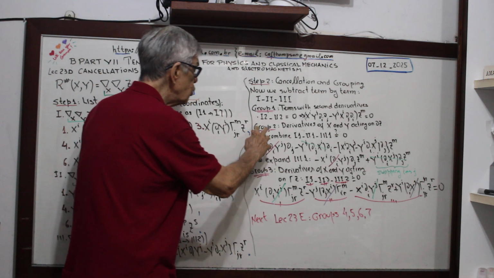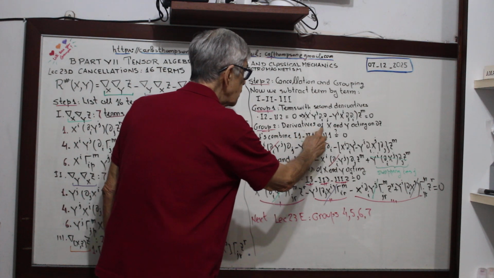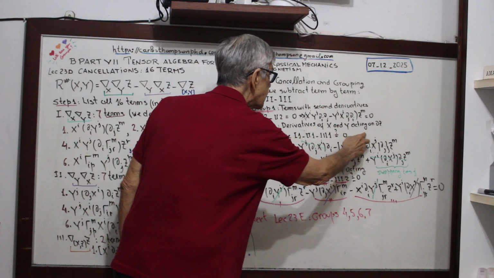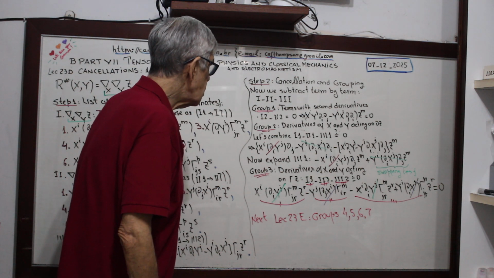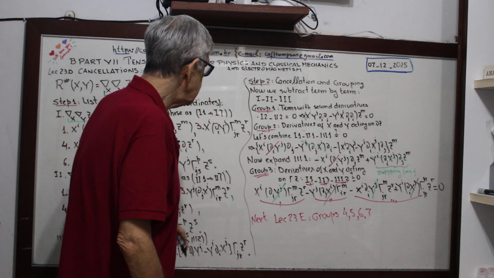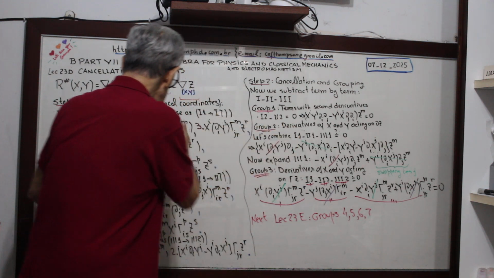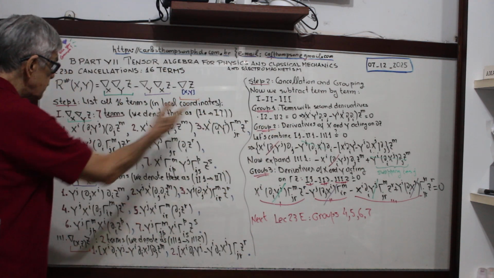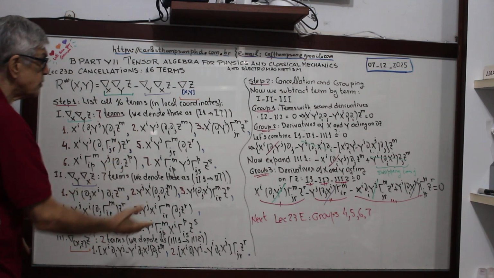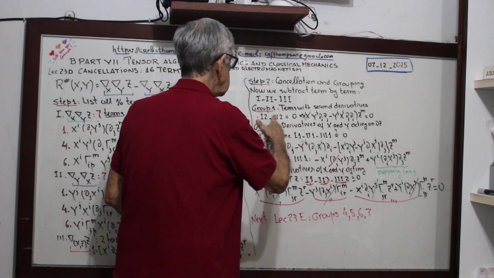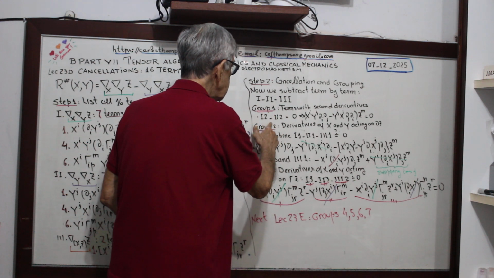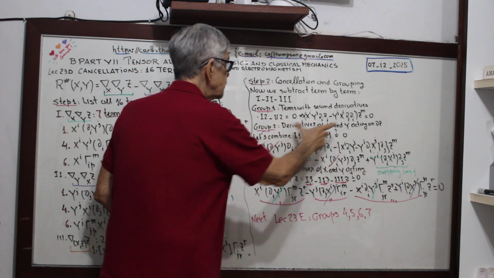Now let's move to group 2, derivative of x and y acting on partial of z. Now we see clearly the numbers over there, you just pick them. In these terms, I2 and I2,2, this will be 0.